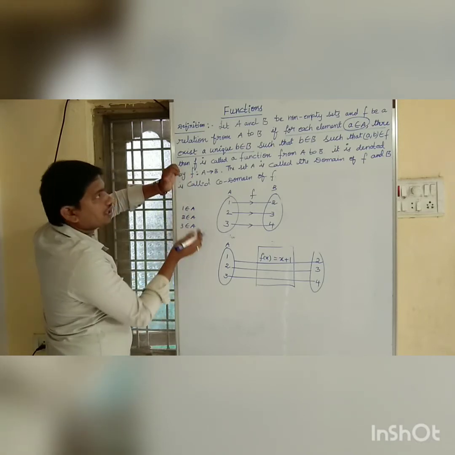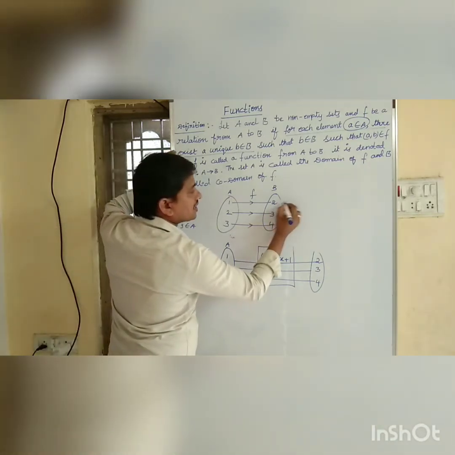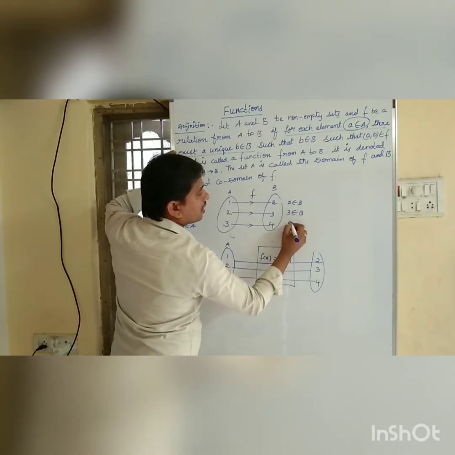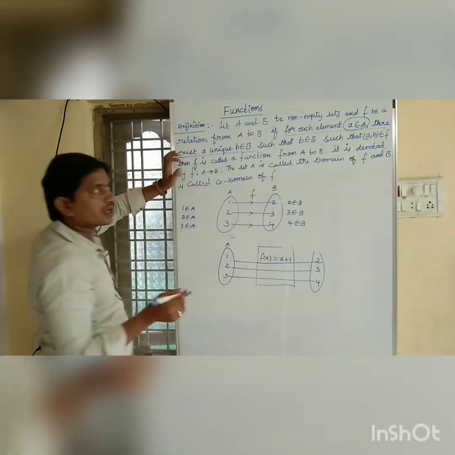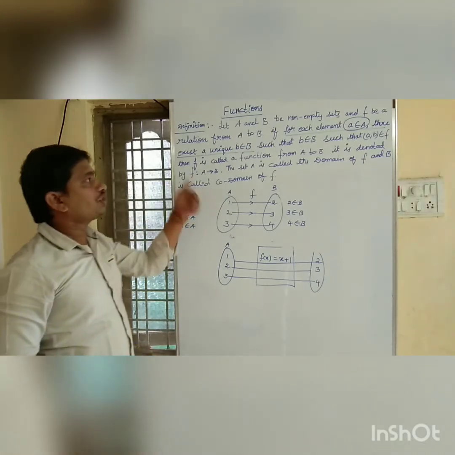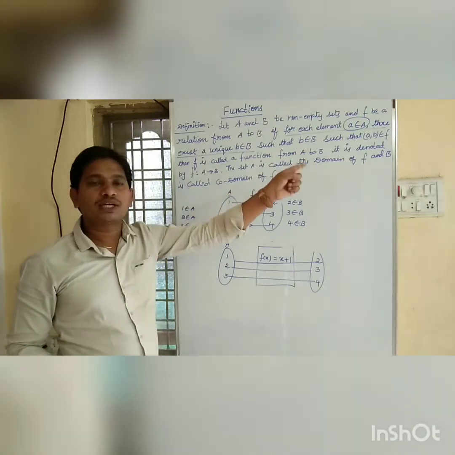For each element of A, there exists a unique b belonging to B. Here 2 belongs to B, 3 belongs to B, as well as 4 belongs to B. For each a belonging to A, there exists a unique b belonging to B such that (a, b) belongs to f.